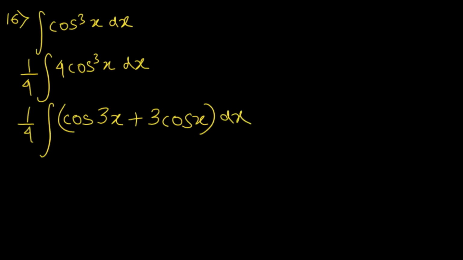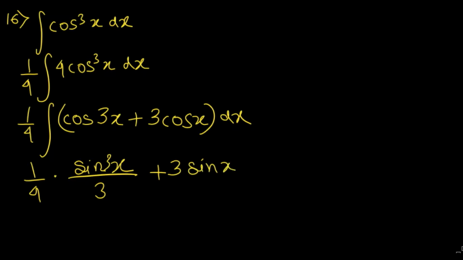So on solving it, we get 1 by 4 integration of cos 3x, which gives sin 3x by 3, and integration of 3 cos x gives 3 sin x, plus c. This is a pretty simple sum.